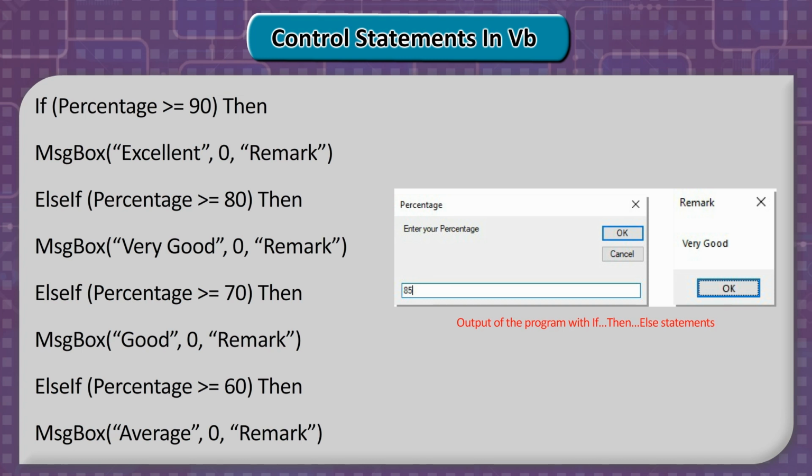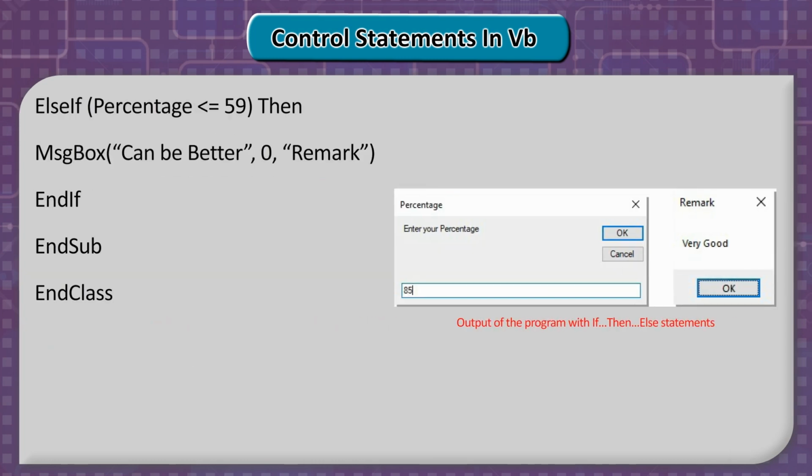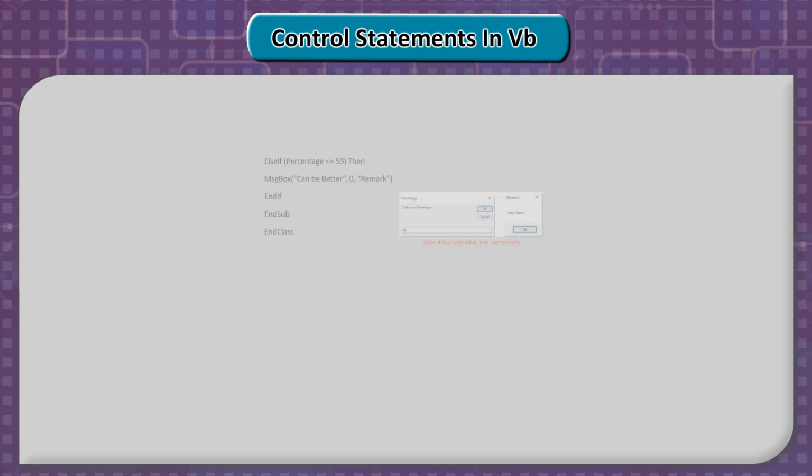Else if percentage is at least 70, then MsgBox good, remark. Else if percentage is at least 60, then MsgBox average, remark. Else if percentage is at least 59, then MsgBox can be better, remark. End if, end sub, end class.